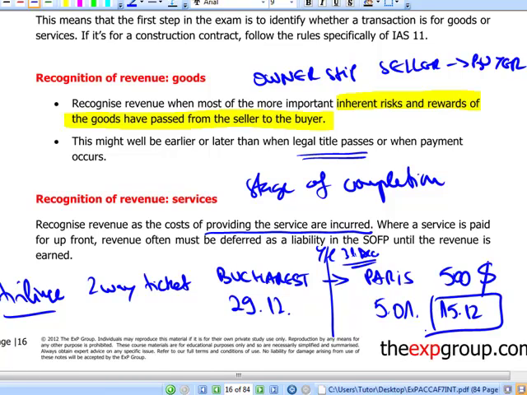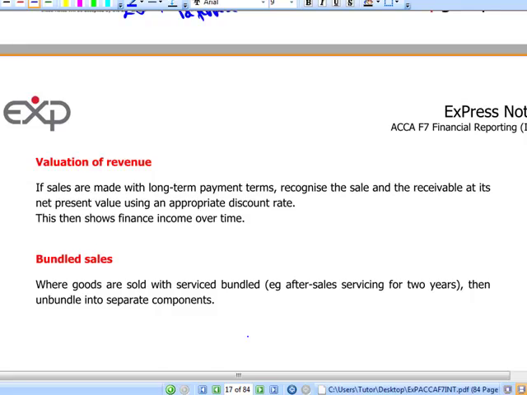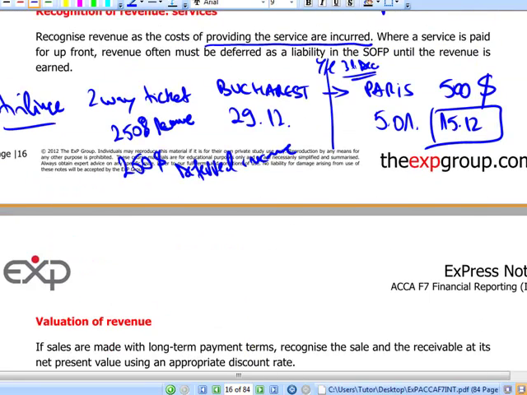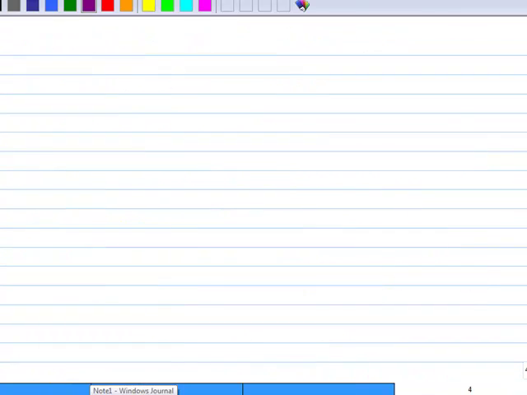So, in other words, half of the $500, meaning $250, at the year end will be revenue, and the other $250 will be deferred income, which is a liability, because at the year end I still have to have on the 5th of January another plane ready and waiting for you in Paris to fly you back to Bucharest.